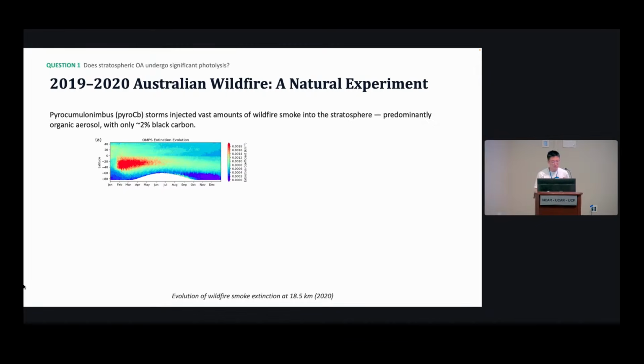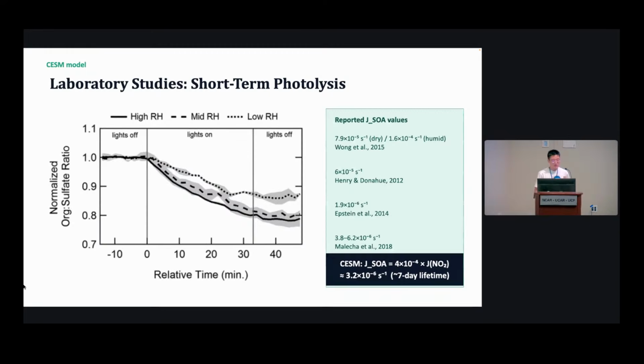So we go back to the CESM model setup for a little bit. CESM uses a pretty high organic aerosol photolysis rate, which is about a 7-day lifetime against photolysis, and it actually follows lab studies.